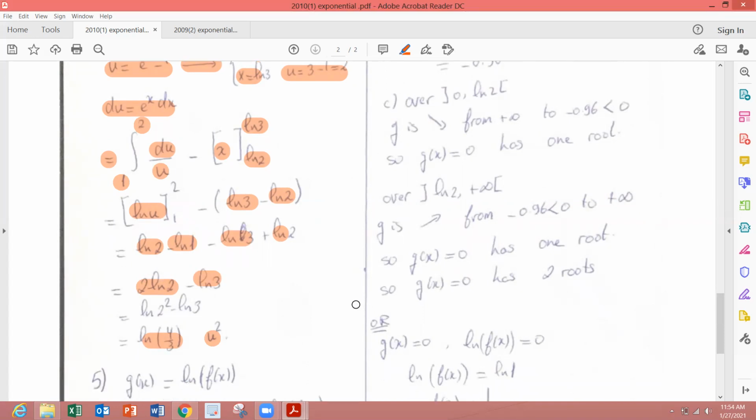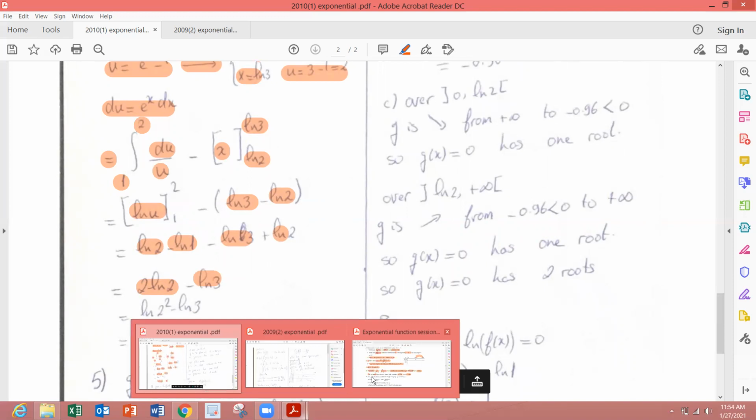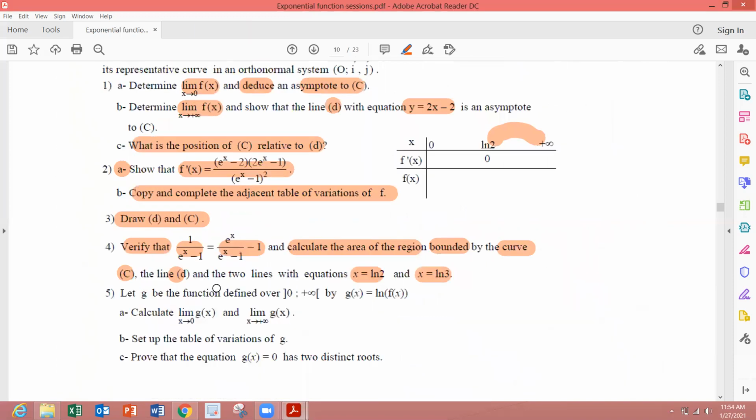Part 5. We have another function g defined over 0 to plus infinity by g(x) equal ln f(x). Part A: we find the limit as x tends to 0+ of g(x) and the limit as x tends to plus infinity of g(x).